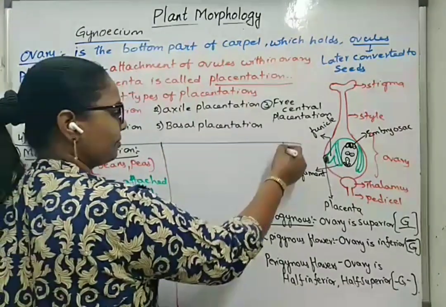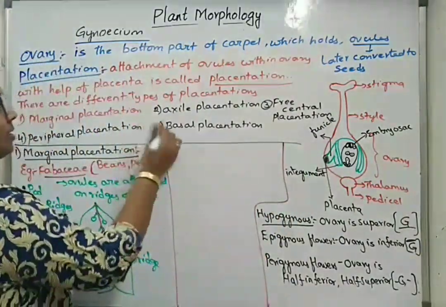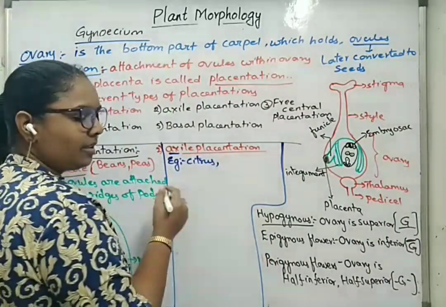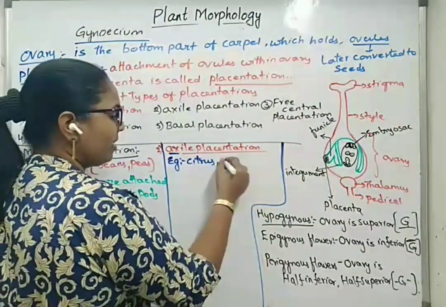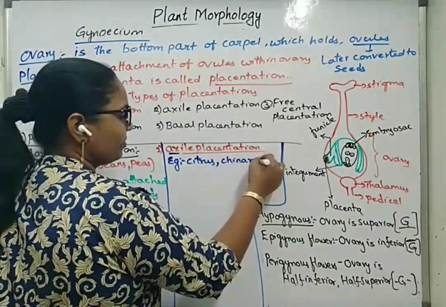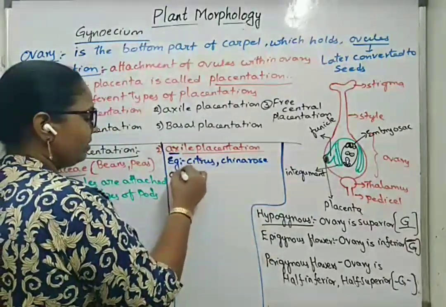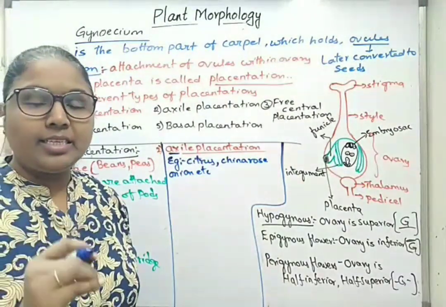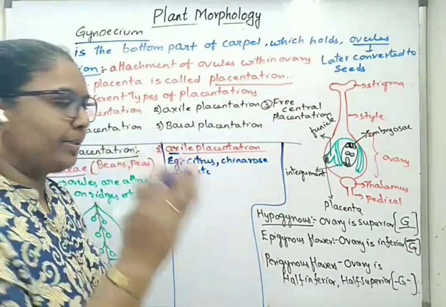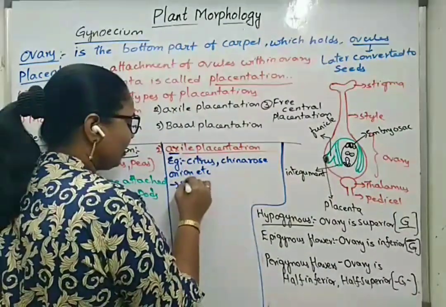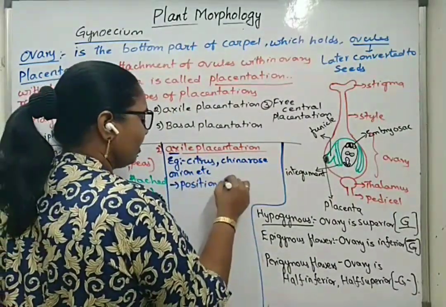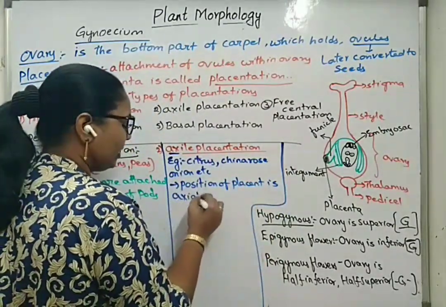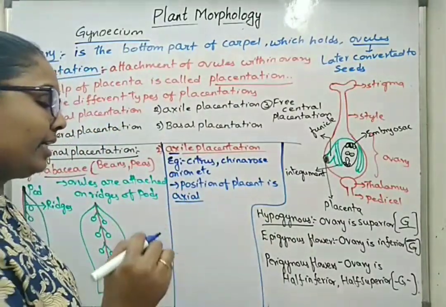Next. Second one, examples are citrus, that means oranges, lemons, etc. China rose. Next, onion, etc. Here, the position of placenta is axial, not at the tip. There is a difference between terminal or apical and axial.